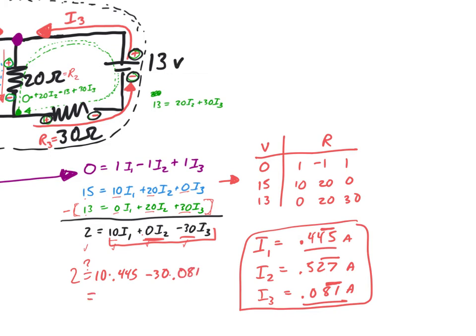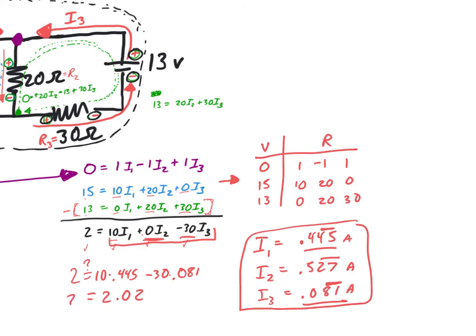What do I get? 10 times 0.445 minus 30 times 0.081.